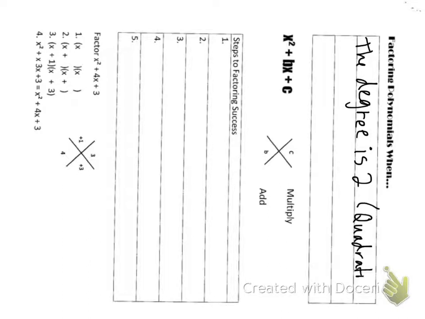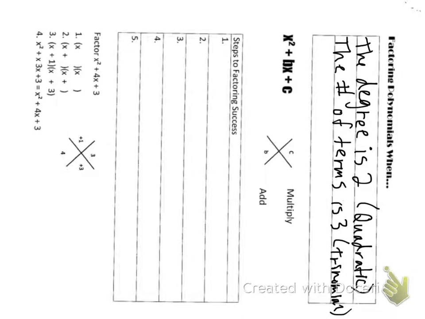So today we're factoring polynomials when the degree of our polynomial is 2, aka it's a quadratic. It's also going to have 3 terms. So we would call that a trinomial.